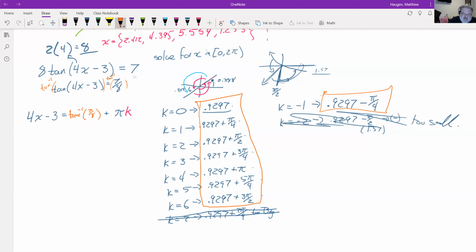So 4x would equal the tan inverse of 7/8 plus 3 plus pi k. So then x is the tan inverse of 7/8 plus 3 over 4 plus pi k over 4. And we keep this exact.